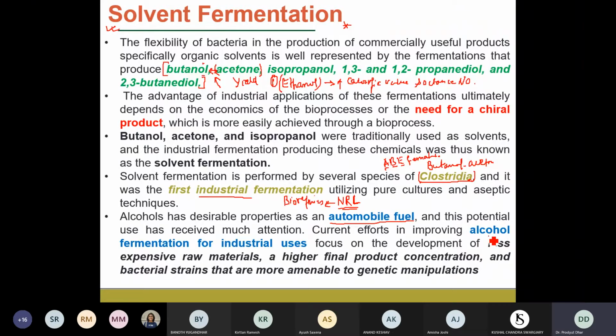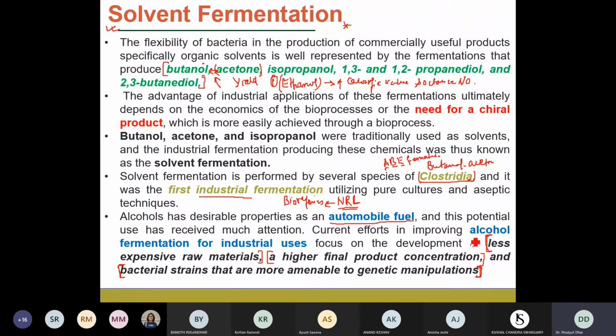The overall focus is to use less expensive raw materials, a higher final product concentration, and bacterial strains that are more amenable to genetic manipulation. As I told you, if you want to go for industrial production of any particular biochemical, you have to make sure that these three criteria are there.